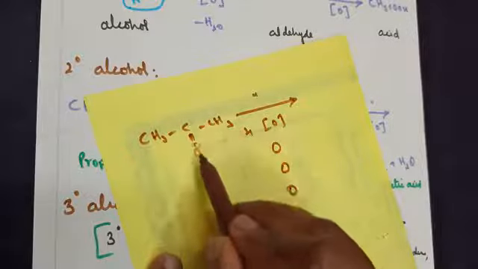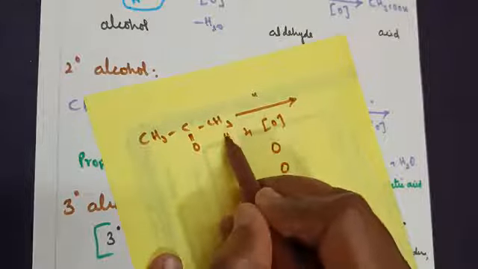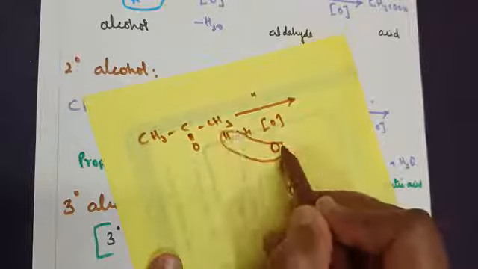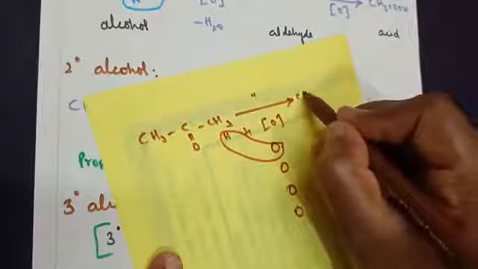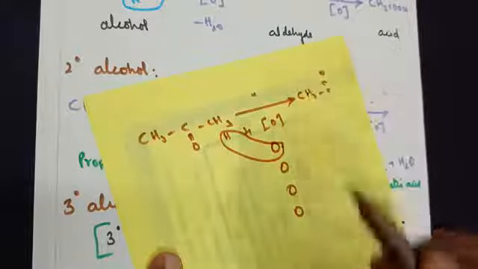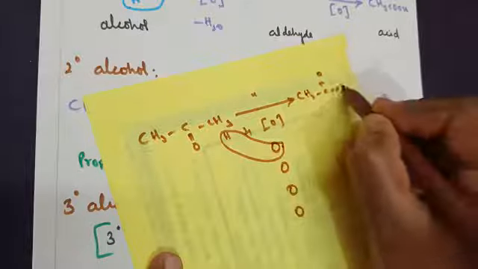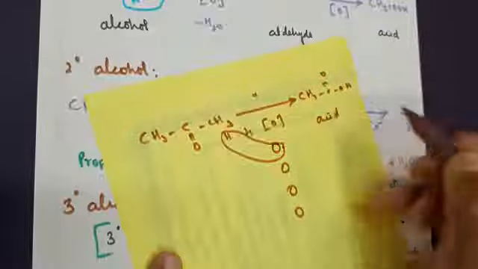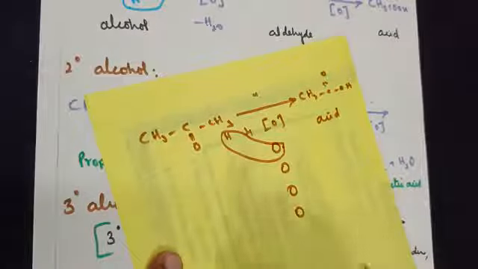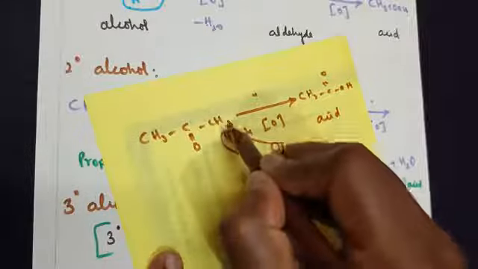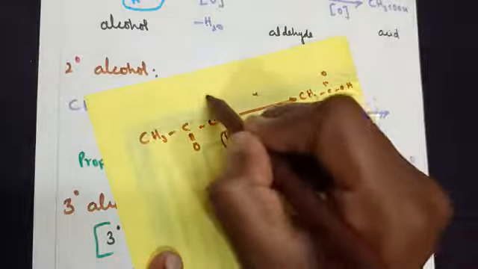Now what happens? One hydrogen from here will combine with one O. Already you have CH3C double bond O. One hydrogen and oxygen combine together to give us acetic acid or ethanoic acid. Now out of the CH3, one hydrogen combines with the oxygen, and you are left with CH2.